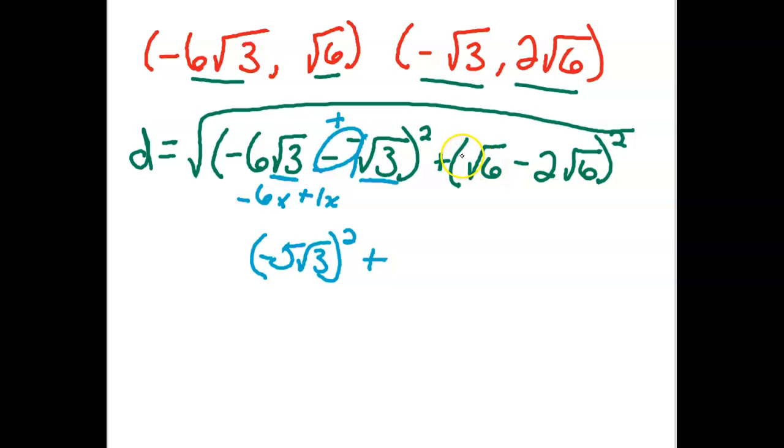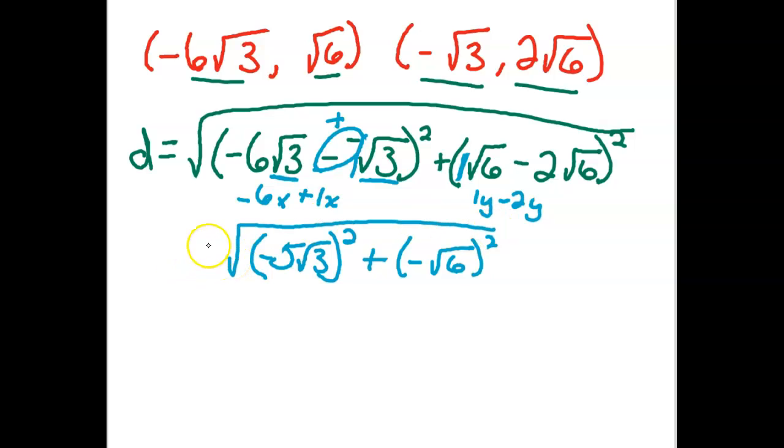Plus, and we're going to do the same thing, think of this as an understood 1. So I've got a 1y minus a 2y. So that's going to give me a negative square root of 6 squared. And you'll notice that I have not dropped off the major square root here.